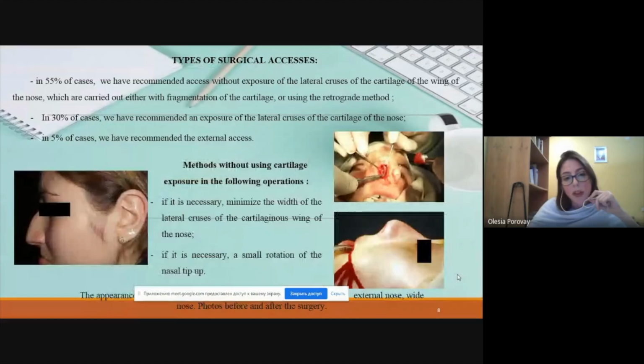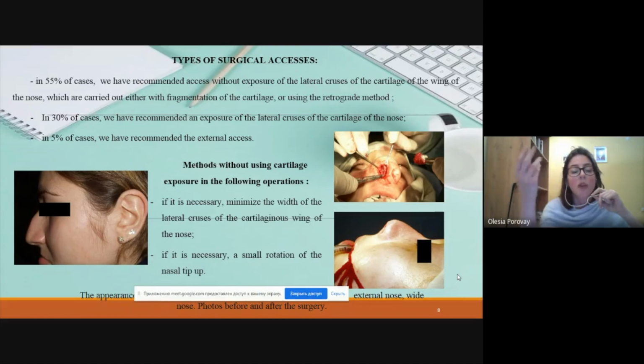Correction of the lateral and medial crura of the cartilage is one of the most common and popular interventions during aesthetic rhinoplasty. We propose three main interventions, which you can see now on the screen.